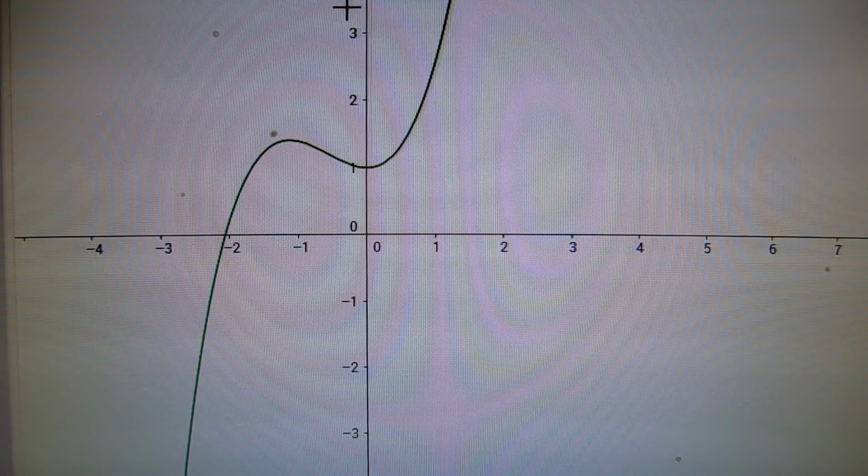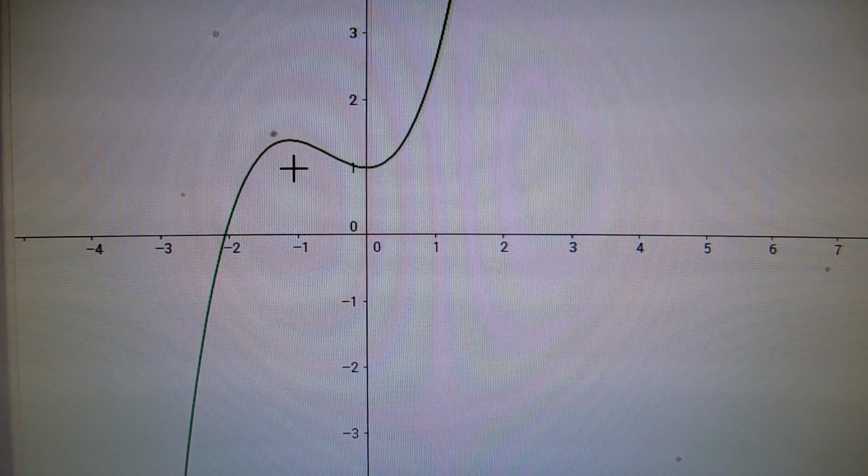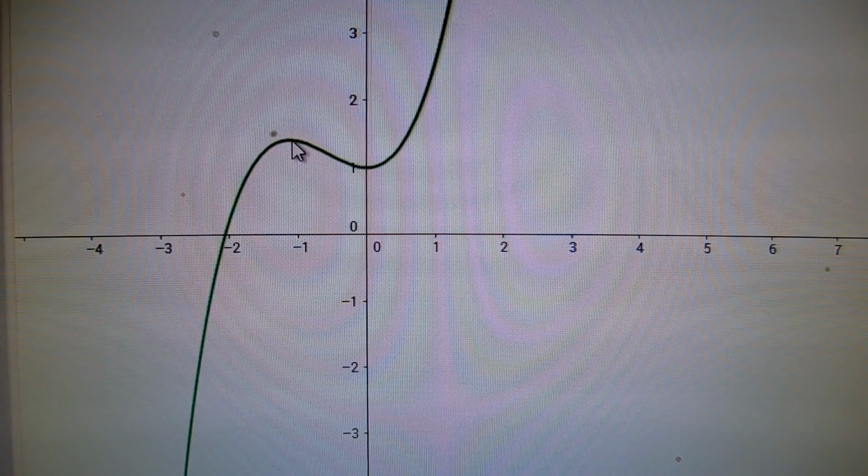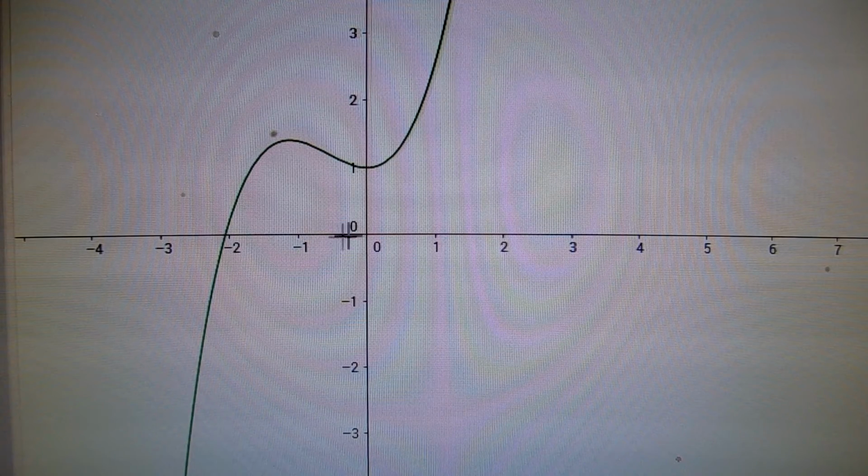So what a Riemann sum allows us to do is measure the area between our function curve and our x-axis, between 2 points on our x-axis.